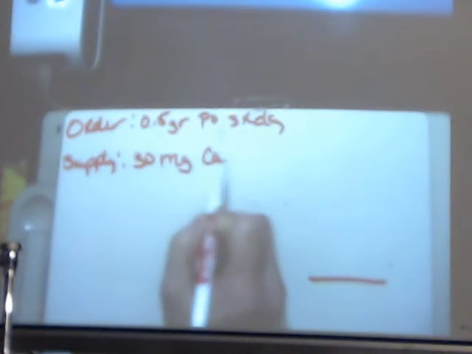What I have on hand is Thorazine 30 milligram capsules. And it wants to know how many capsules I'm going to give. So right over here, I need to write cap, because in the end I've got to end up with the number of capsules I'm going to give. Okay, so our order is 0.5 grains over 1 dose, because it didn't ask us how many we're going to give in the whole day. They want to know how many caps we're going to give per dose.